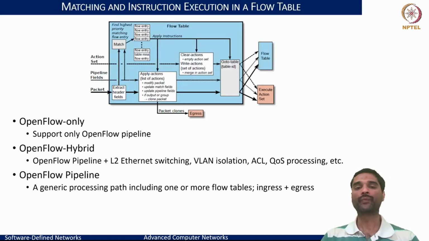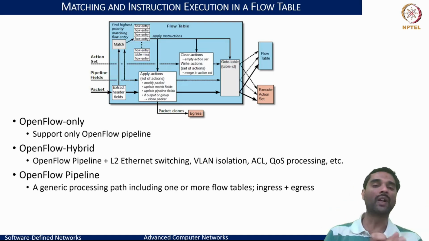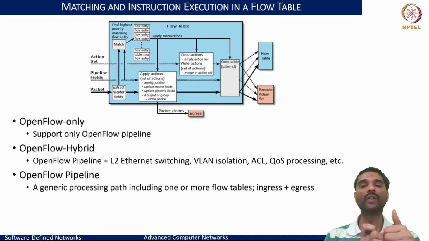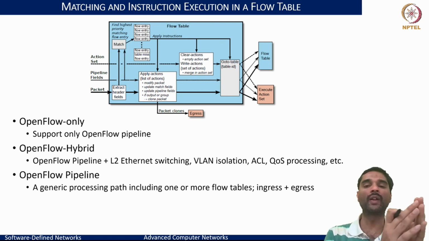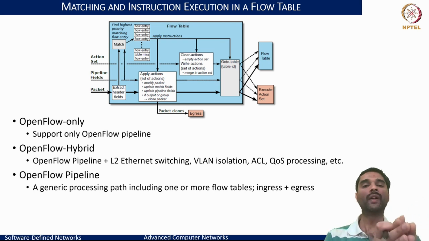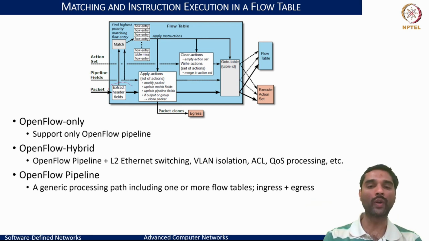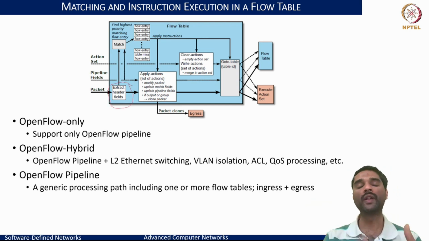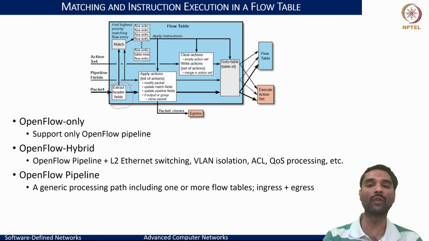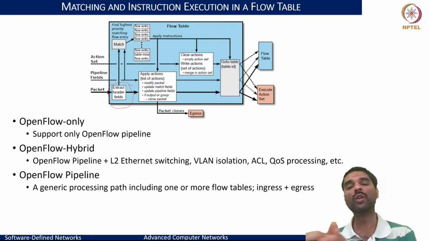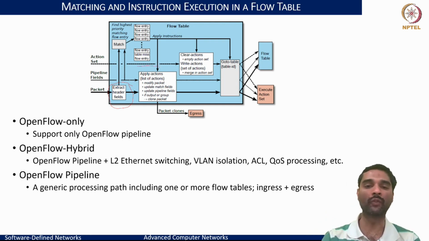And to look at when a packet comes to a particular device, you can think of it entering on a particular ingress port, and as the packet enters, you want to extract all the header fields that are relevant for you to match on a particular flow entry in a given table. And once you parse and extract these header fields, you would want to do a match, and if there is a match in any of these flow entries, you would want to apply the corresponding set of actions.